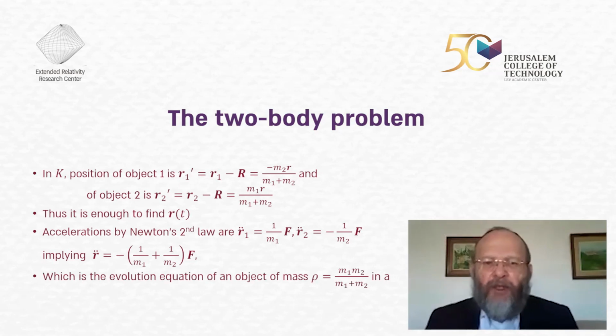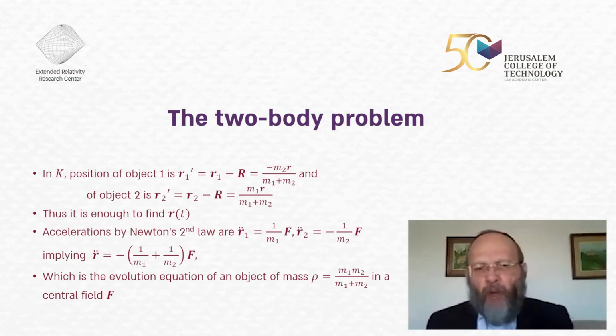This is the evolution equation, second Newton's law, for an object of mass rho, which is simply 1 over this expression. You take the common denominator, m1 m2 goes on the top, and here we get m1 plus m2. In a central field, f is central with respect to it. So now let's look at how the solution goes.